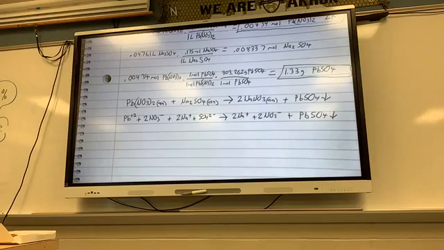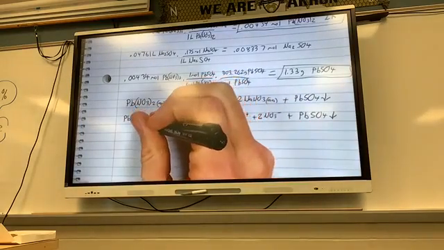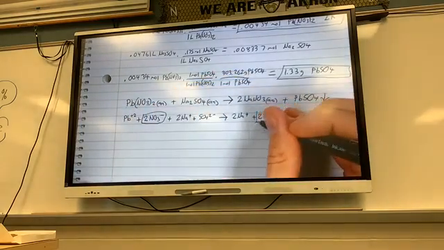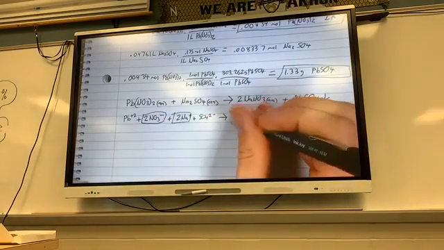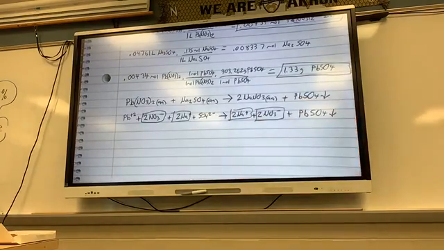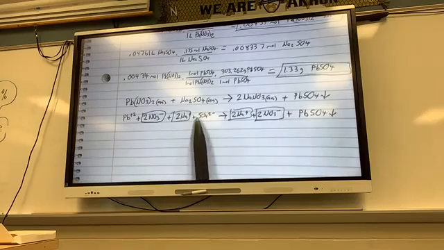I've written my total ionic equation. I don't really need to do a net because that's not super important on this one. But what I do need to do is determine my spectator ions, right? So spectators are NO3 and Na. You guys with me so far? SO4, is that going to be a remaining ion?